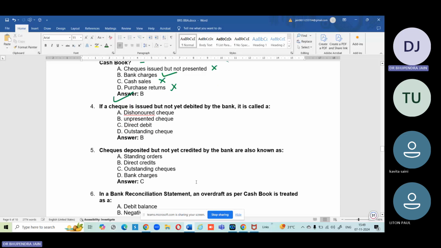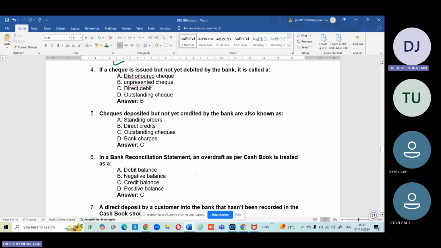Next. If the check is issued but not yet debited by the bank, this is called an unpresented or not presented check. This one. What is dishonored? Dishonored means whenever you present the check to the bank, but due to any reason, the amount is not credited in your bank account. This is called dishonored.